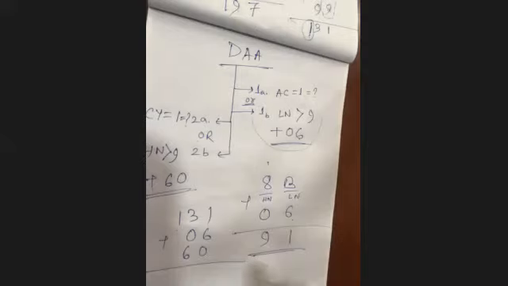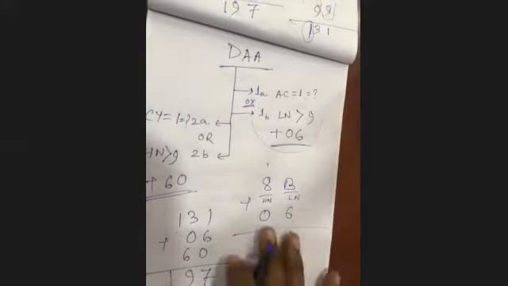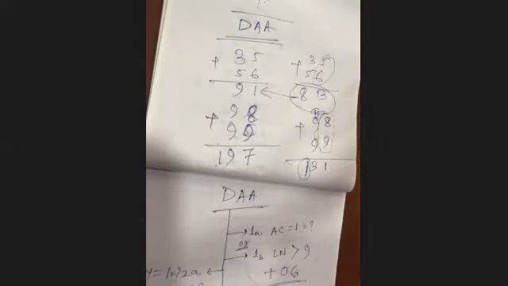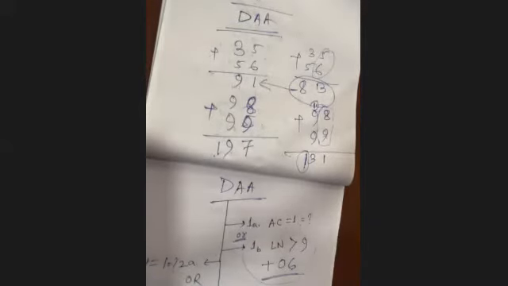So 6 plus 1, 7. 6 plus 3, 9. And 1, so 197. This is called magic. Is it clear to everyone? Yes, sir. Any doubts?